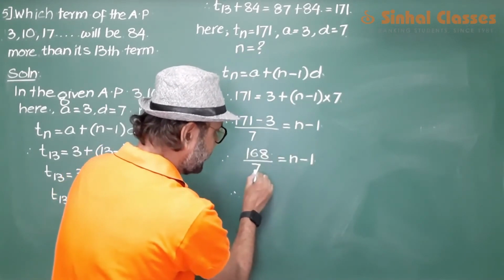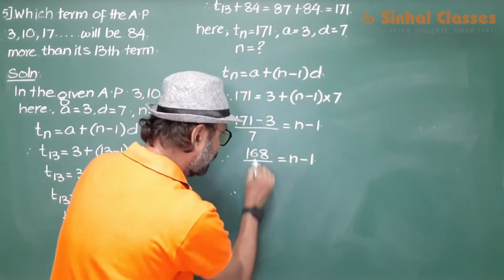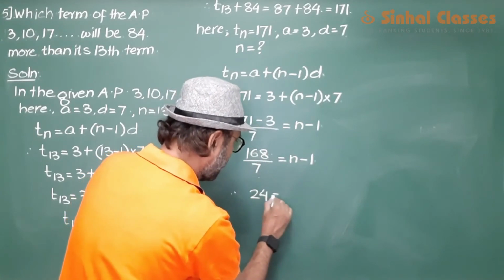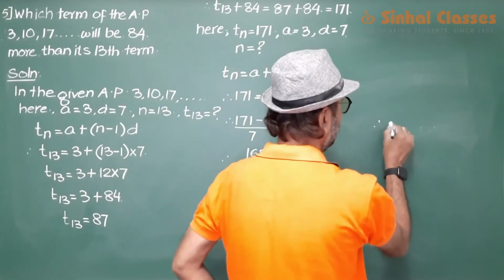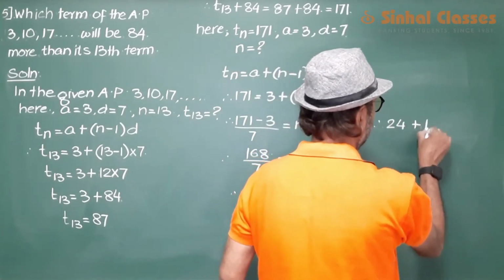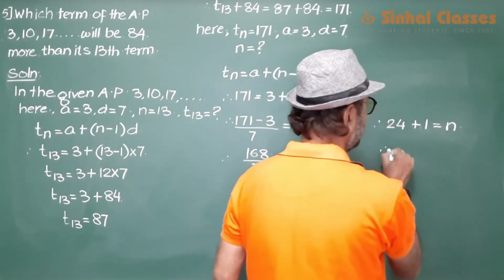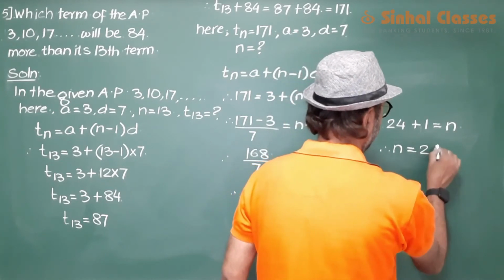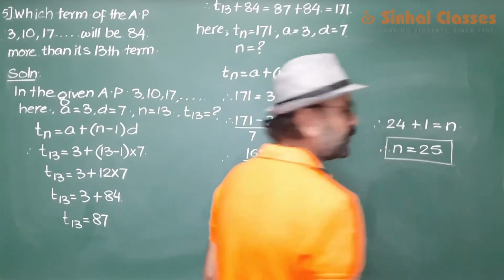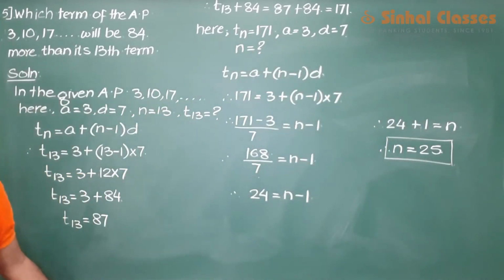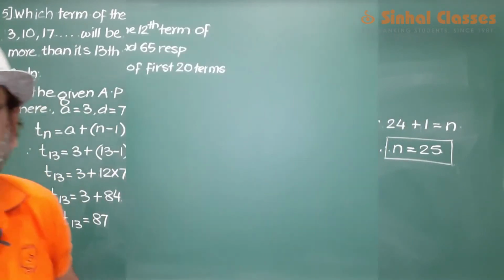Therefore, when you divide 168 by 7, you get 24. 24 is n minus 1, and therefore your value for n should be 25. This is your answer, 25.